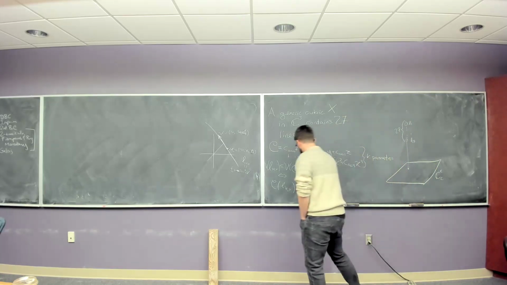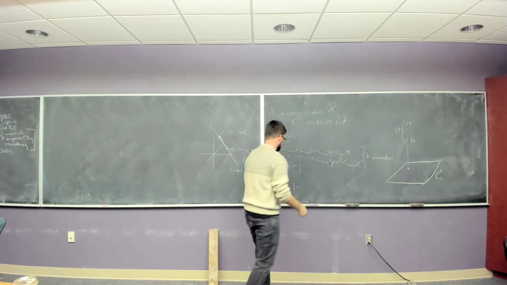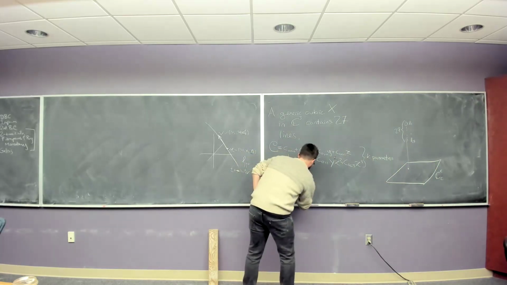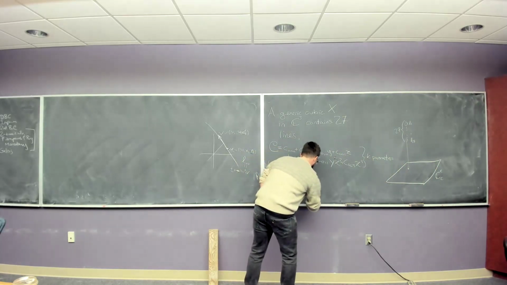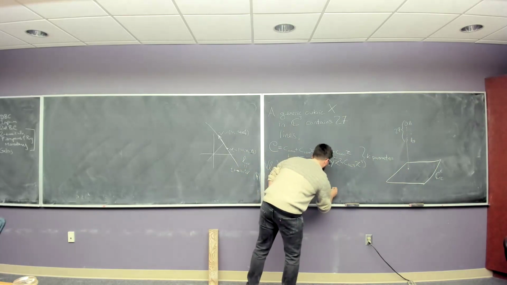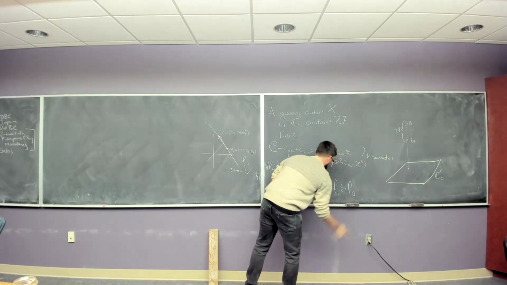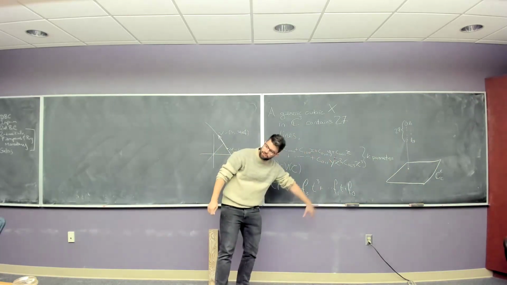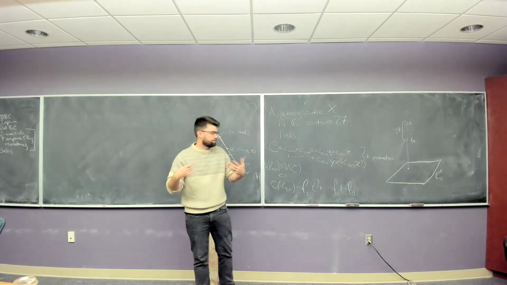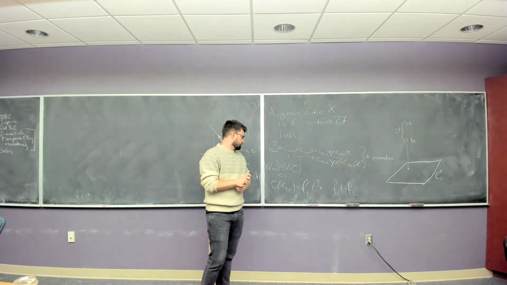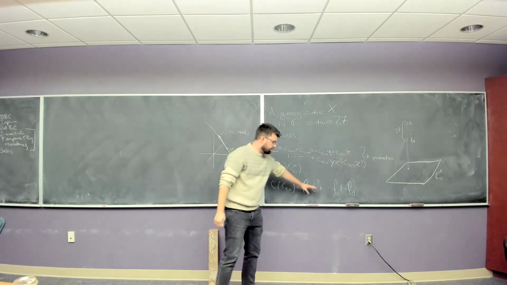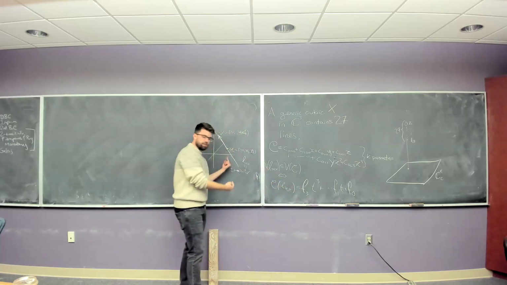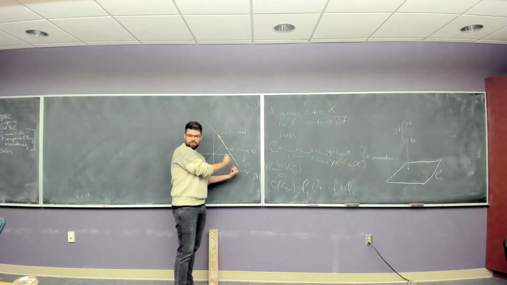Or you could also think about it as, well, let's write it down. So this is my polynomial of degree 3: stuff times t cubed plus stuff times t squared plus stuff times t plus stuff. The t values for when this is 0 are the intersection points of this line with the cubic.